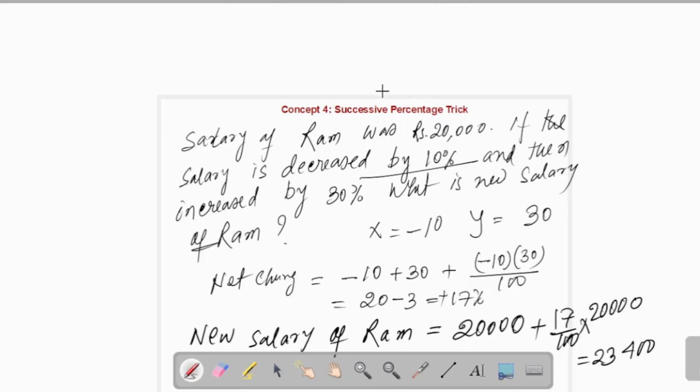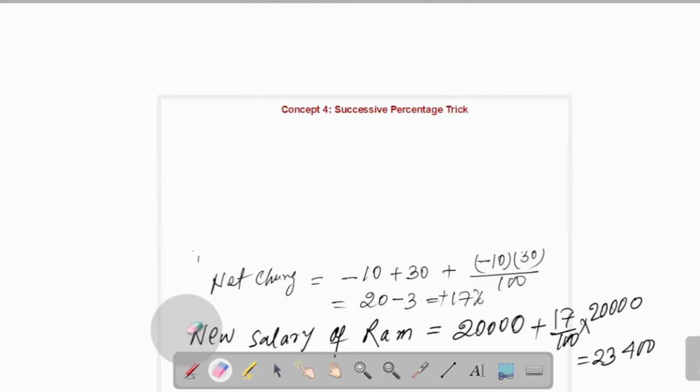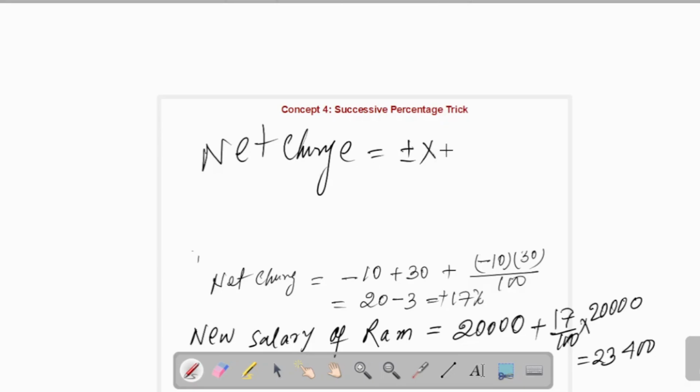So whatever the value is increasing or decreasing, we will do as per the formula, and the formula, those who have not written, please write it down. The net change will be plus minus x plus minus y plus minus x into plus minus y divided by 100.